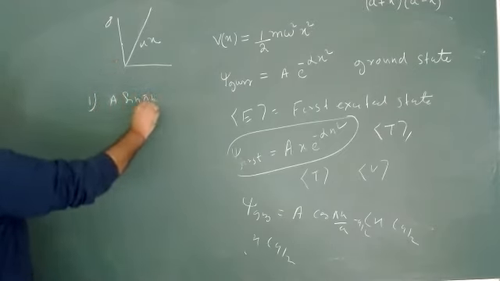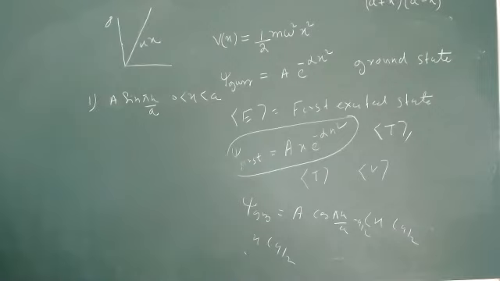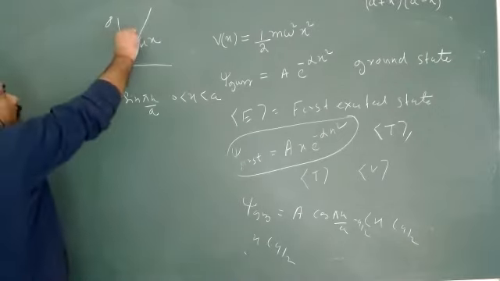Because it is zero at x is equal to zero, so this can be something like this. किसी a पर जाके के बाद जीरो हो जाएगा and zero otherwise. Second guess wave function is what? A x e to the power minus alpha x when x is greater than zero and zero otherwise. है ना?